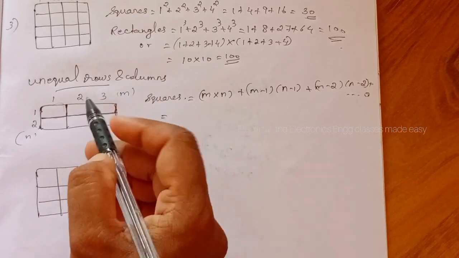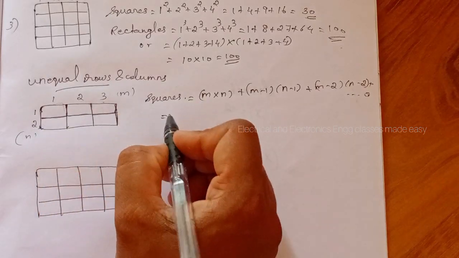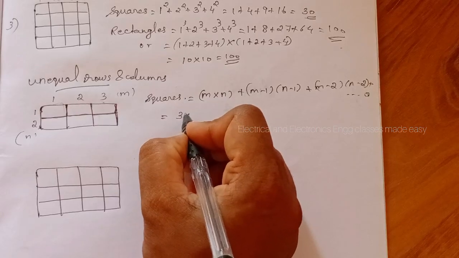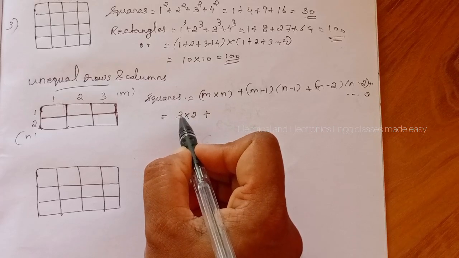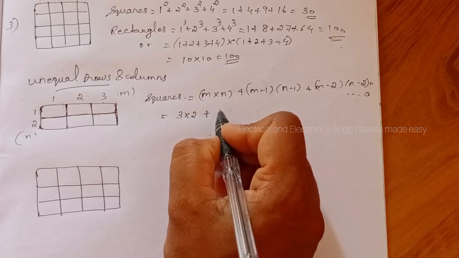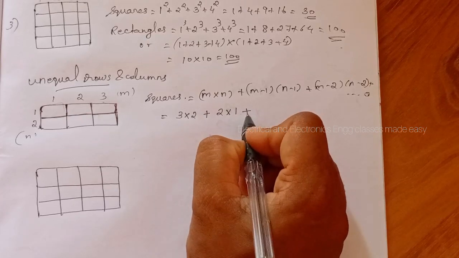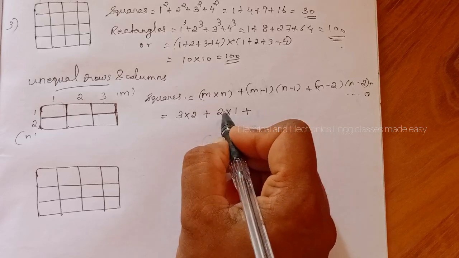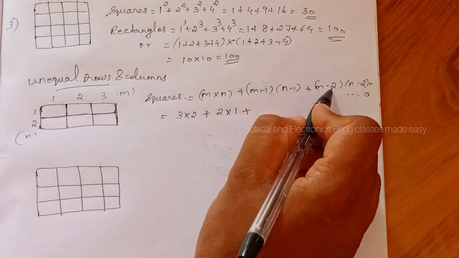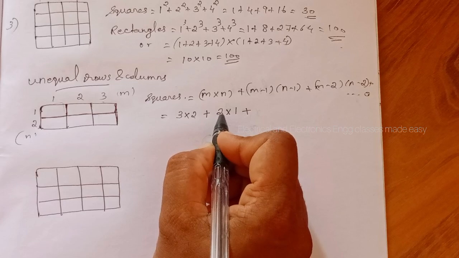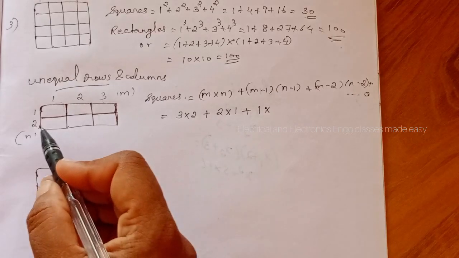Here there are 3 columns and 2 rows. So we have 3 into 2, plus 3 minus 1, that is 2, into 2 minus 1, that is 1, plus 3 minus 2, that is 1, into 2 minus 2.